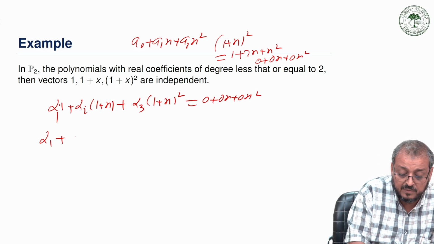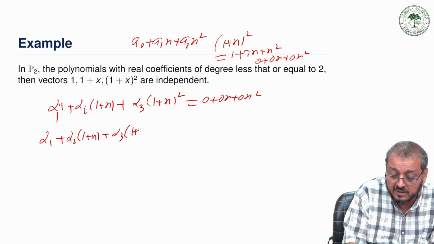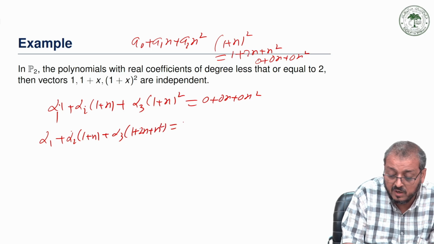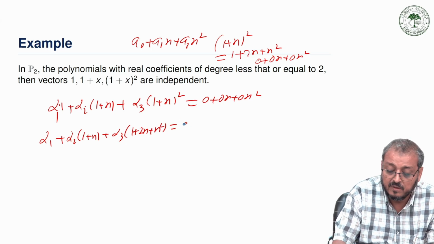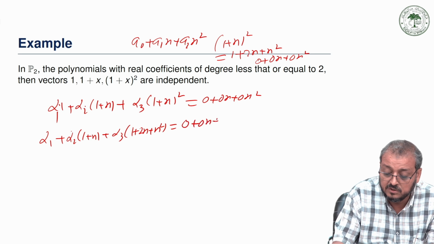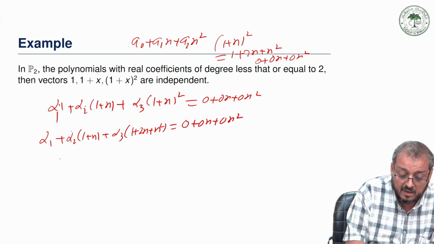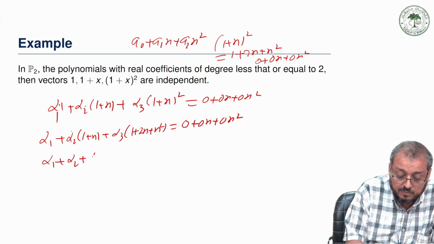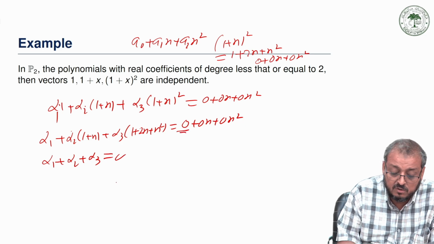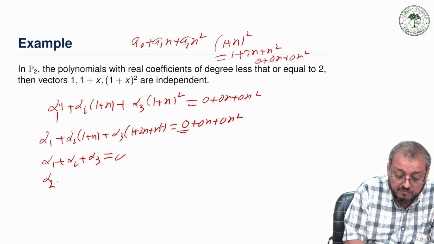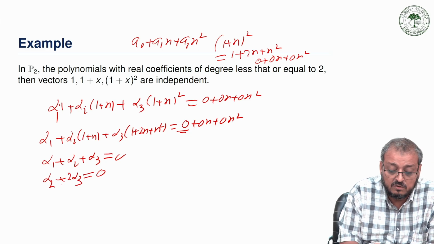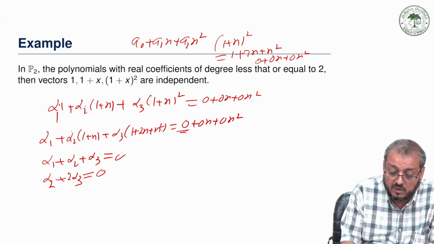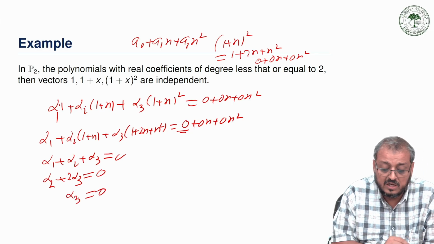So we have alpha 1 plus alpha 2 times 1 plus x. We open this, we have 1 plus 2x plus x square equal to 0 plus 0x plus 0x square, and now we can compare the coefficients. The constant term gives alpha 1 plus alpha 2 plus alpha 3 is equal to 0. Now the coefficient of x gives alpha 2 plus 2 alpha 3 is equal to 0. The coefficient of x square is only alpha 3, so alpha 3 is equal to 0.